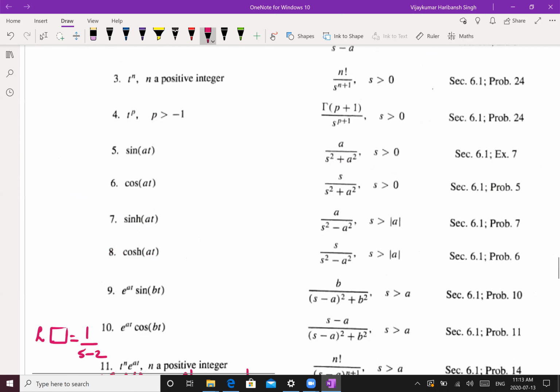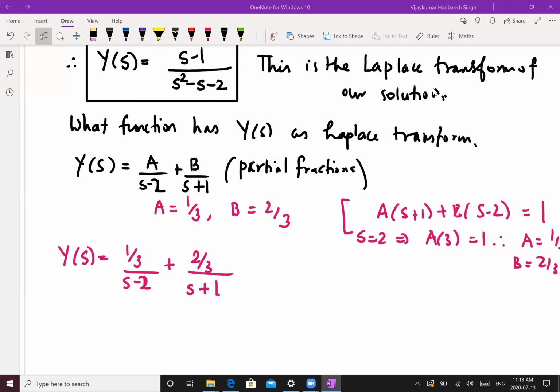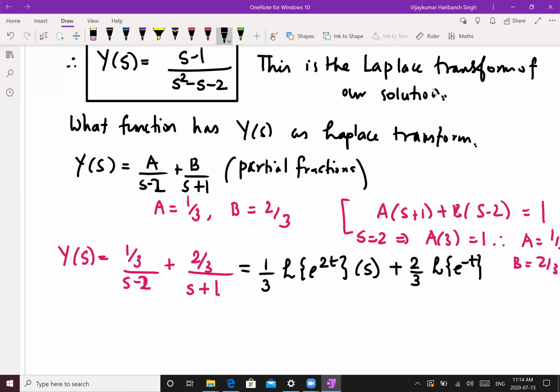So I can replace this now by 1/3 of the Laplace transform of e to the power 2t evaluated at s, plus 2 by 3 times the Laplace transform, following the same argument, of e to the power minus t, evaluated at s.